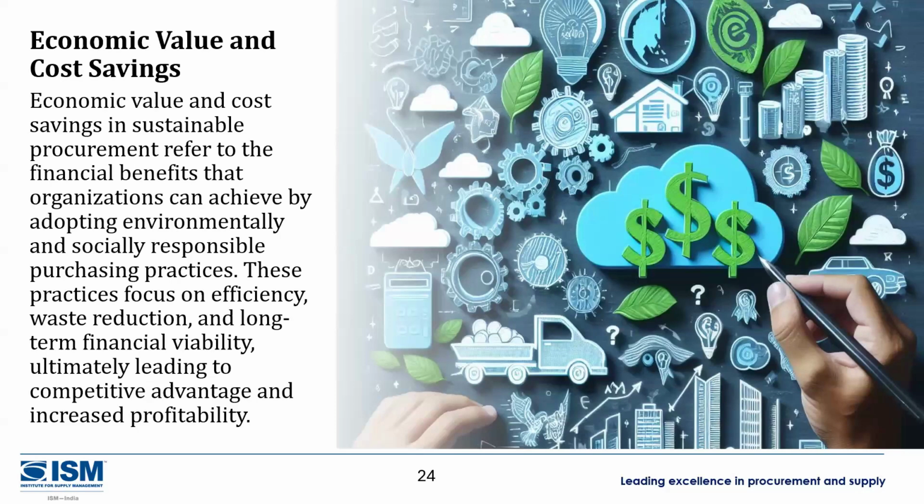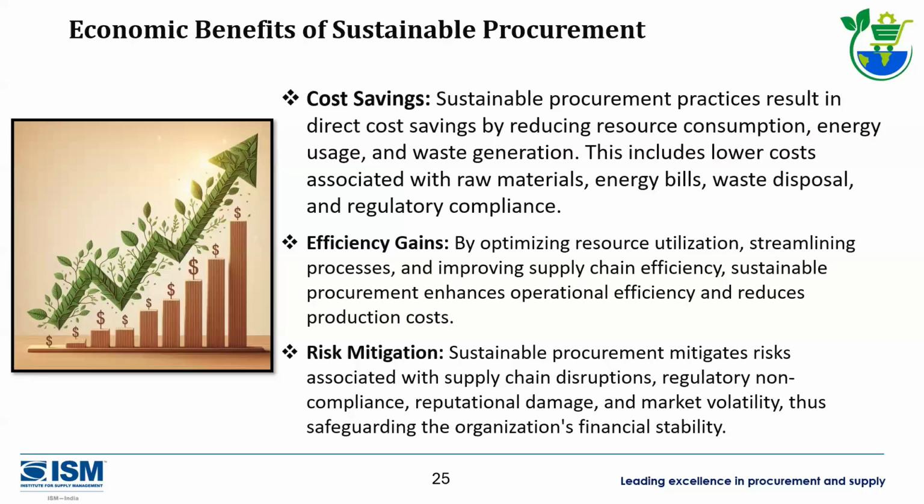It talks about cost saving by waste reduction, long-term financial viability, and in return increased profitability, right? For all organizations, ultimately, that is one of the goals. Cost savings, efficiency, and risk mitigation: three main economic benefits of sustainable procurement.